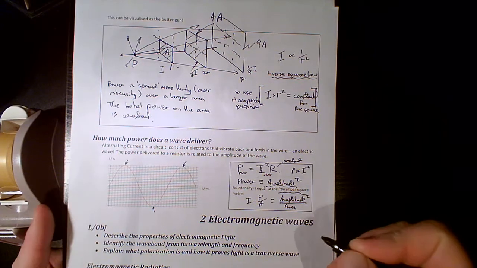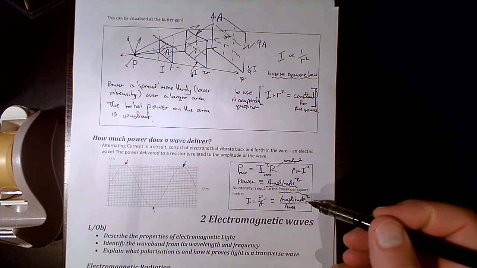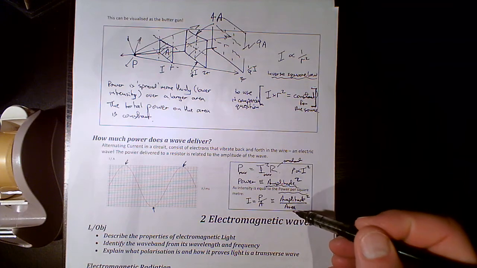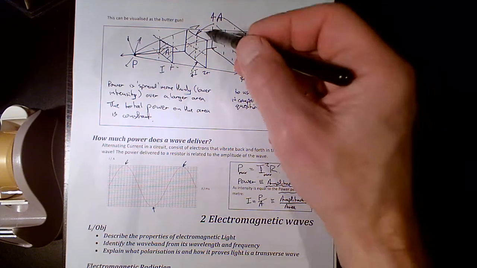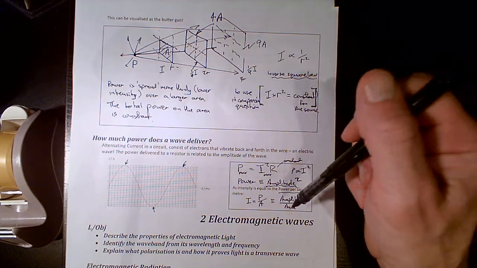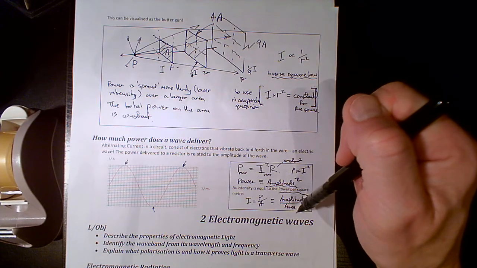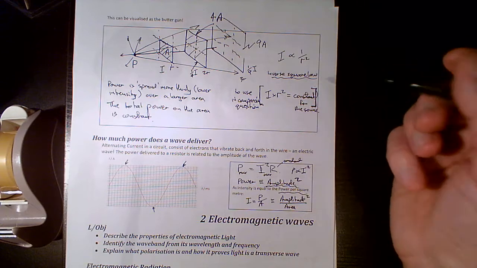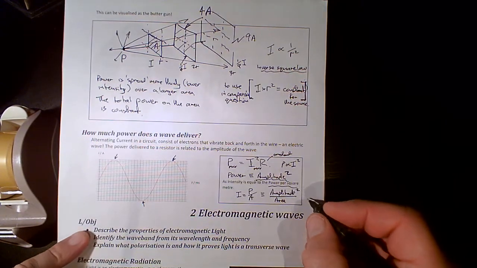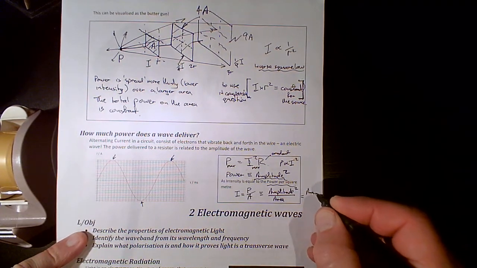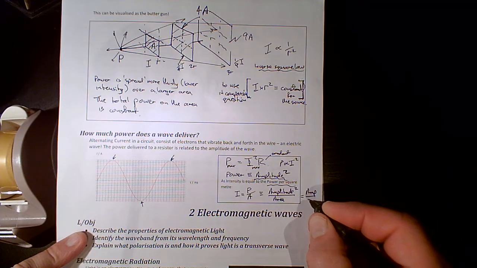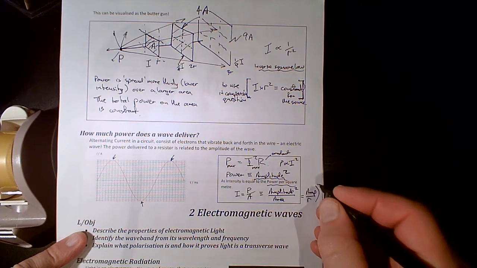If you wanted to, you could say the area is 4 pi r squared, giving you area. So you could turn that into amplitude over r, all squared.